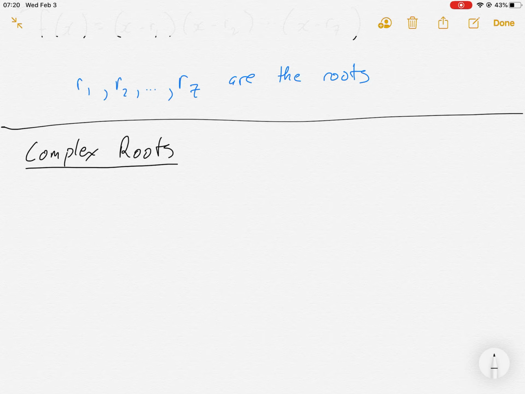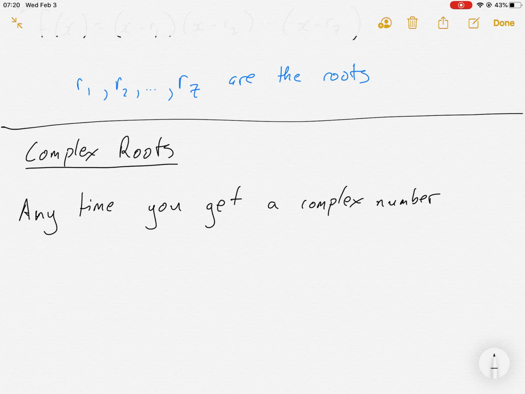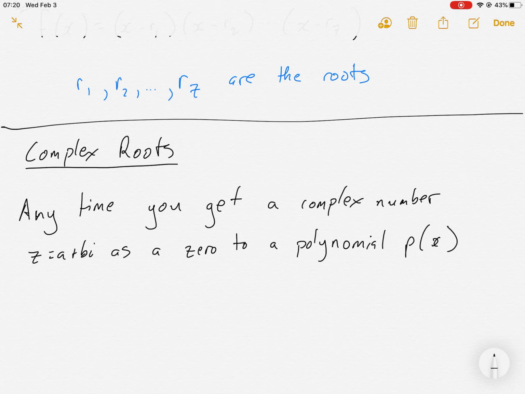So the first big result that I want to mention is any time you get a complex number, let's call it z, and I'll write it in its standard form as a 0 to a polynomial p of x, then its conjugate, remember this changes the imaginary part to negative or vice versa, negative to positive, but the real part stays the same.